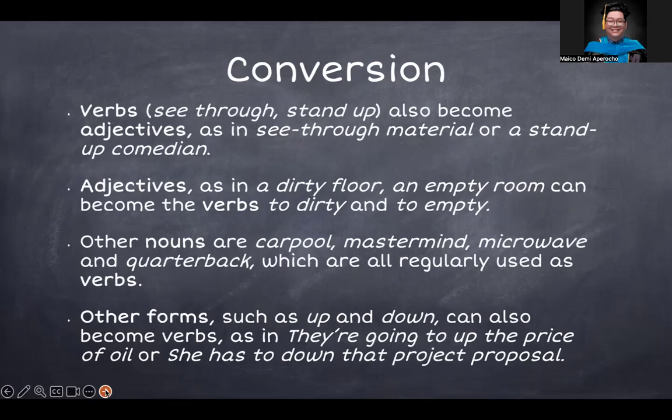Adjectives as in a dirty floor, an empty room can become the verbs to dirty or to empty. So to dirty the floor or to empty the room. Other nouns are carpool, mastermind, microwave, and quarterback, which are all regularly used as verbs. There are also other forms such as up and down, which can also become verbs, as in they're going to up the price of oil or she has to down that project proposal.